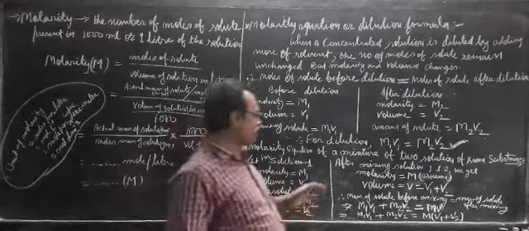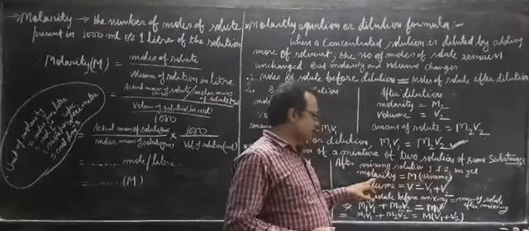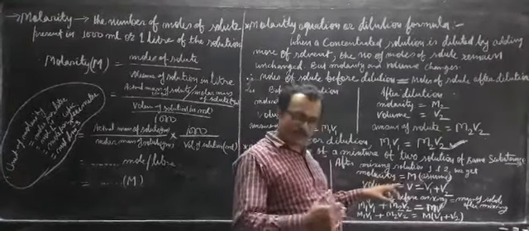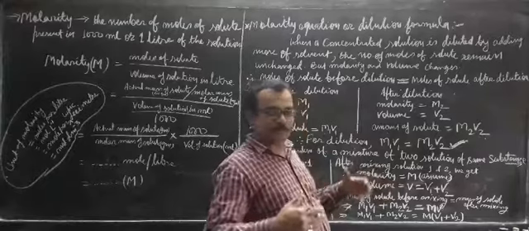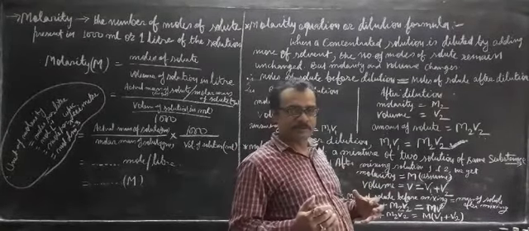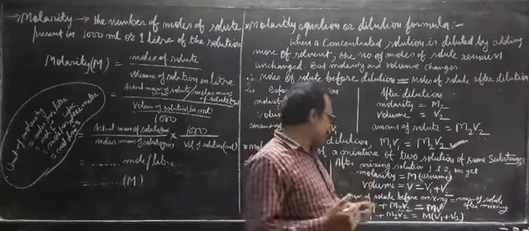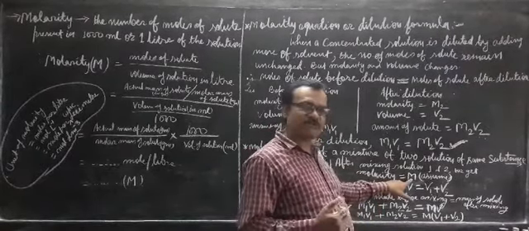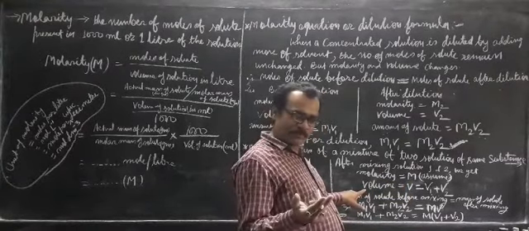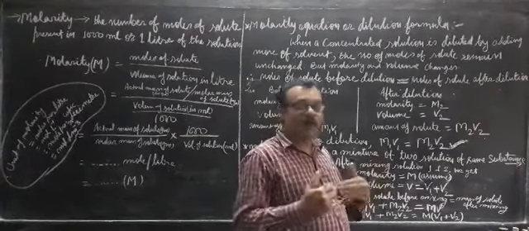Now after mixing solutions 1 and 2, the molarity will change. So assume the new molarity of the mixture is M, and the volume is V, but this volume is the sum of the two volumes, V1 plus V2.